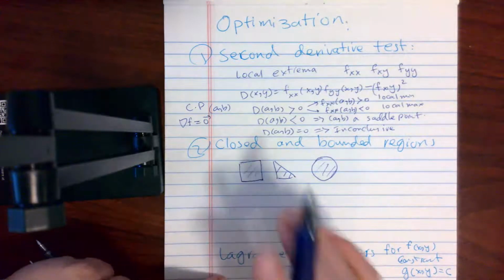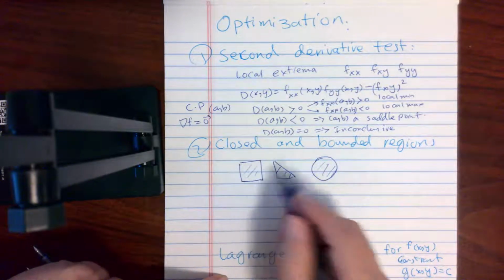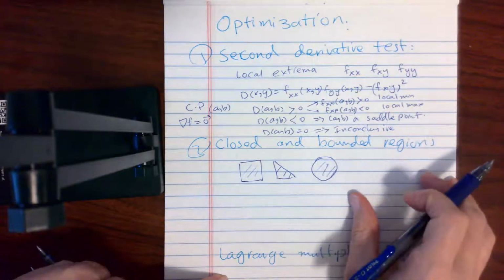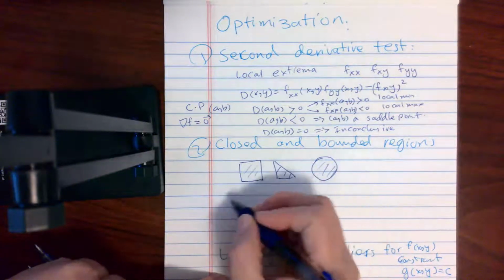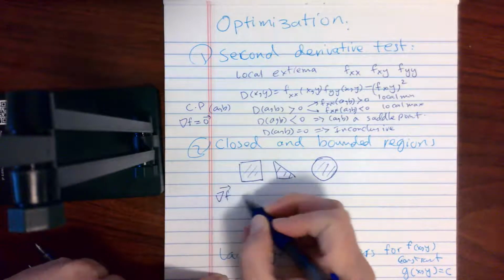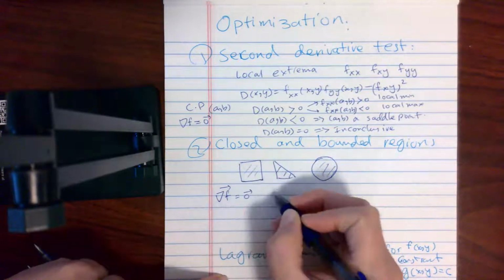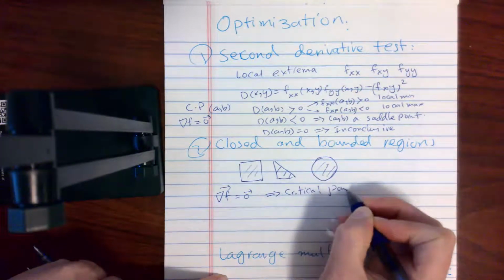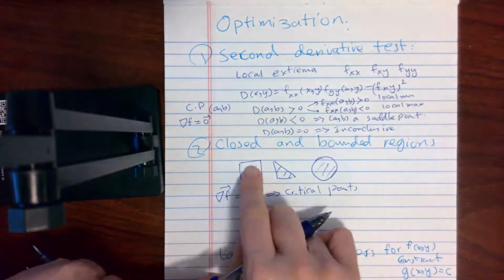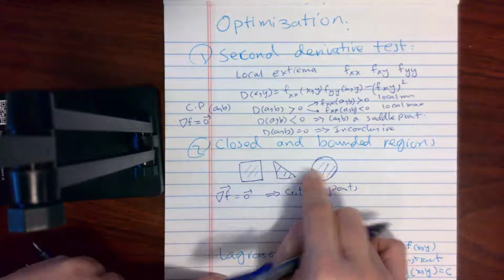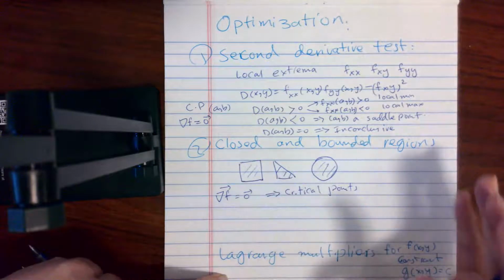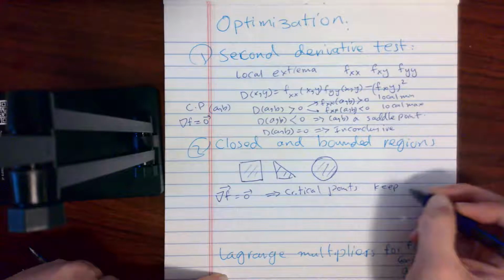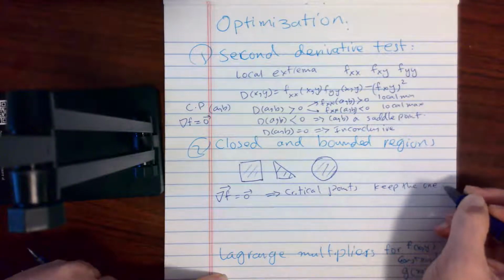But anyway, what you do with any of these, if you just want to use what you learned in 14.7, is that you first find the critical points by setting the gradient vector equal to 0. Then see if each critical point belongs inside the region or on the boundary. If it doesn't, just throw it away. So keep the ones in the region.